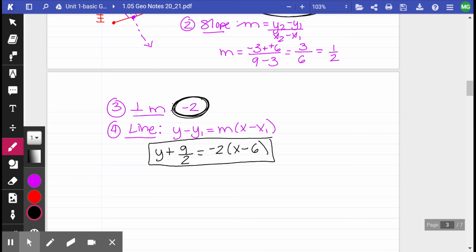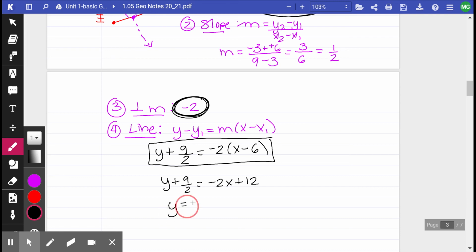So for this one, just to practice getting them all, knowing how to convert it between the 3 different forms, distribute your negative 2, and then you can clear out your fractions again here if you'd like, so by multiplying everything by 2, or you could use your calculator and subtract over your 9/2. It's up to you.